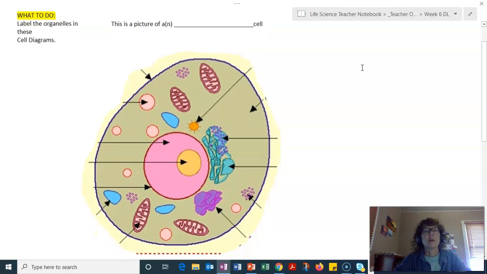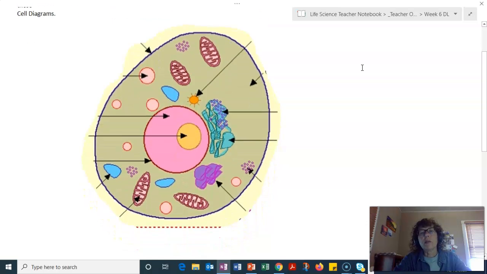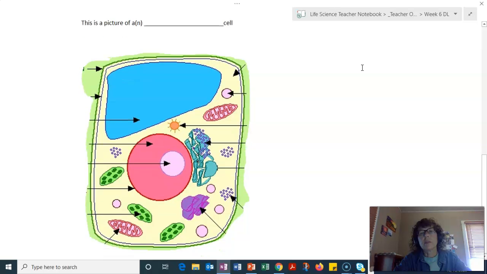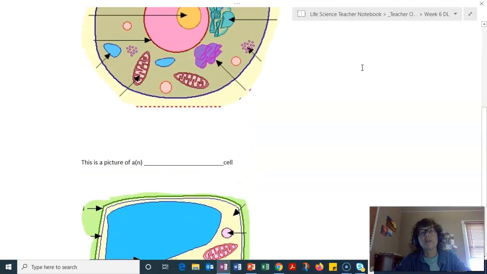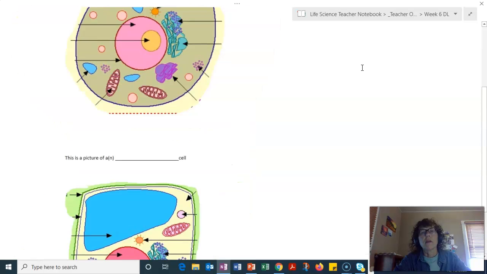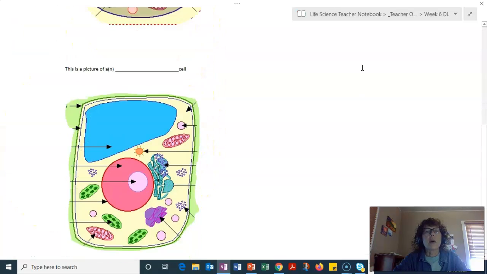You're still going to shrink it so it's only half your screen, but I'm going to leave it like this for now. I said that the labels in the animal cell are really similar to the labels in the plant cell. You'll see me go back and forth like this. I hope that's not confusing to you, but we'll just do our best with it. We just said that this bottom one is a plant cell, so let's label that.